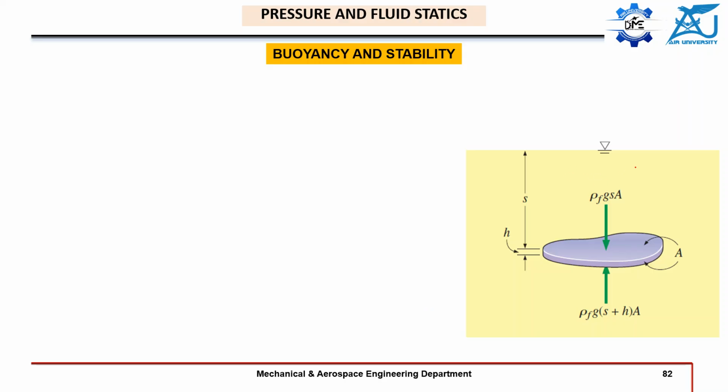We are quite clear that when an arbitrary body of area A is submerged in a fluid, the top surface, which is this one, and the bottom surface, which we cannot see from here, will experience some forces due to the pressures.